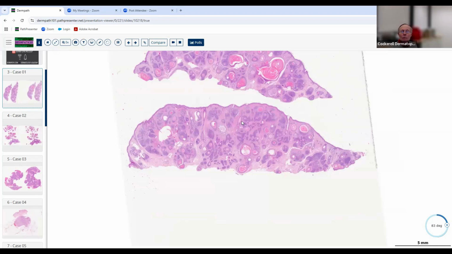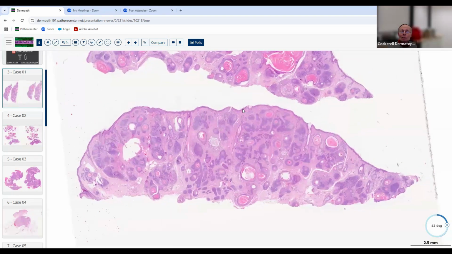Okay, and obviously when we think of basaloid, we think of the basal cell layer of the epidermis, the stem cell layer of the epidermis, which are also those same cells associated with the germinative cells of a hair follicle, the papilla of the follicle, or the mantle zone of the follicle. Those also have the little basaloid bluish cells, germinative cells of a sebaceous cell, for example. So those are other things we think about.